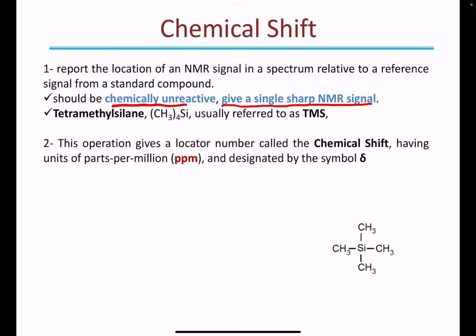The chemical shift given to the other protons will have units of parts per million relative to the signal from the standard, tetramethylsilane, and it is given the symbol delta, the chemical shift in ppm.